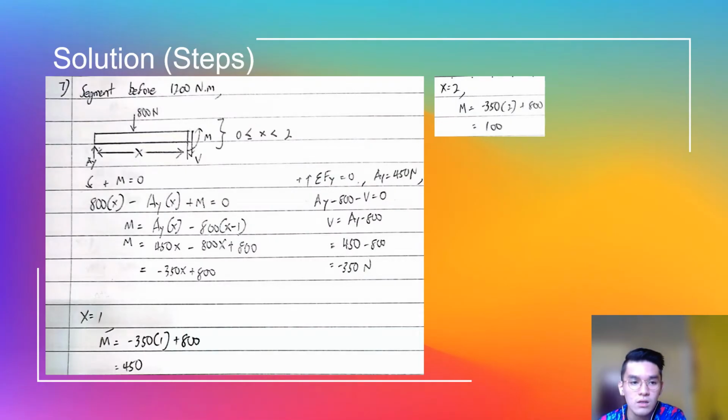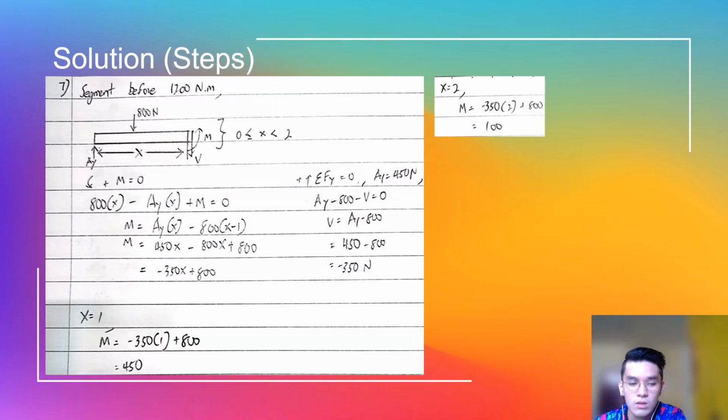Next, let us look at the segment before 1200 Newton meter. Based on the free body diagram of the segment before 1200 Newton meter, the shear force that we found was negative 350 Newton.